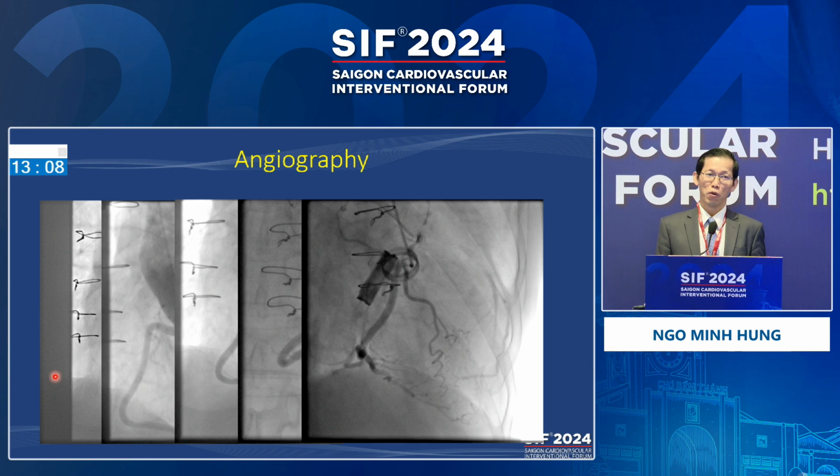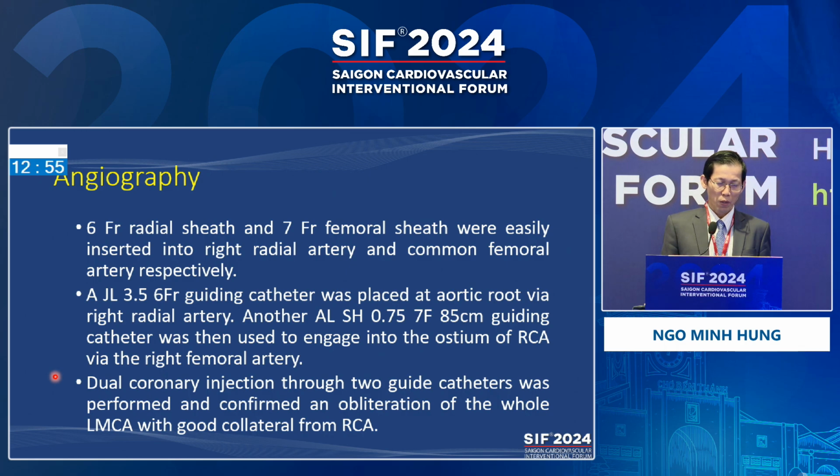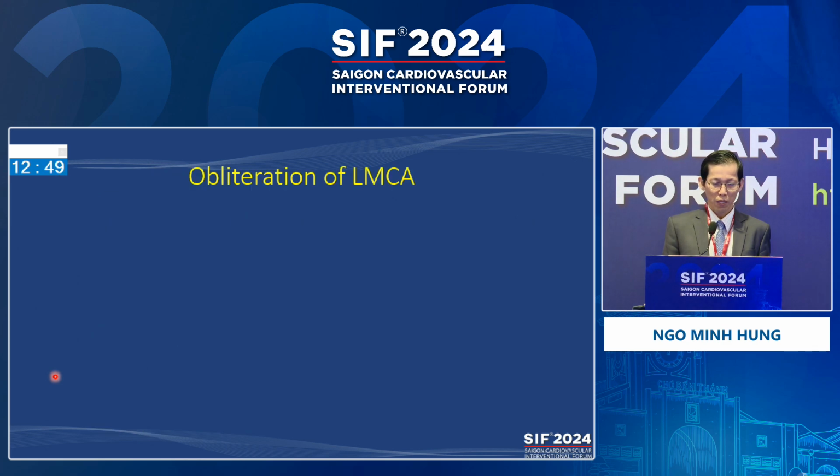Only the right coronary gives collaterals to the left side, and we couldn't get into the left main because the left main had disappeared already. Nothing more up there. So we did the angiography with 6 French, 3 transradial, and 7 French for the femoral, another 2 cup with us.